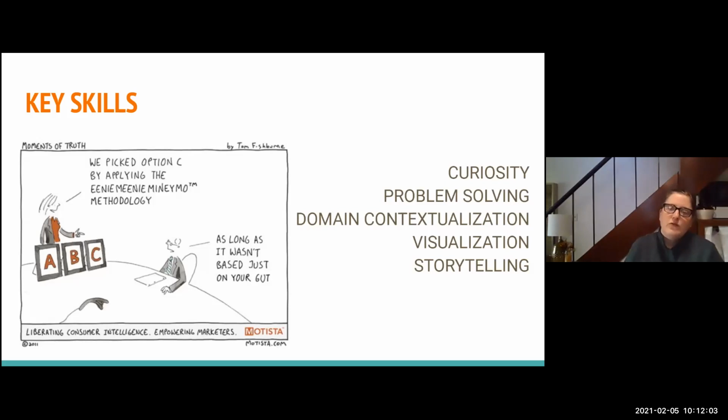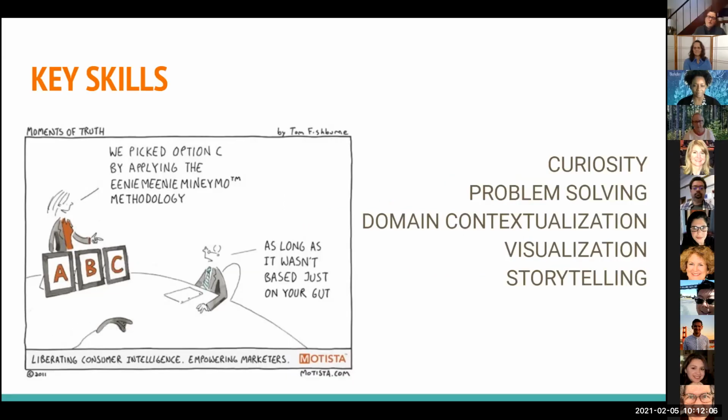So in addition to knowing hard skills like SQL, there's a cluster of other skills that are really important to understanding data and being able to use it fluently. And these aren't all just hard skills. There's things like natural curiosity, wanting to find the answer to something, trying to figure out the most efficient or best way to solve a problem, and domain contextualization, which means you might have a number, but in context, is that number important or not?